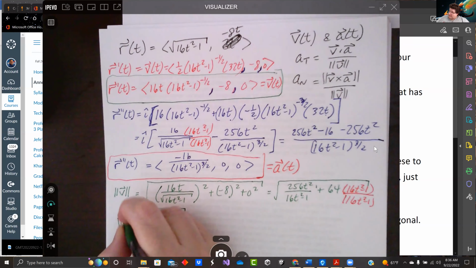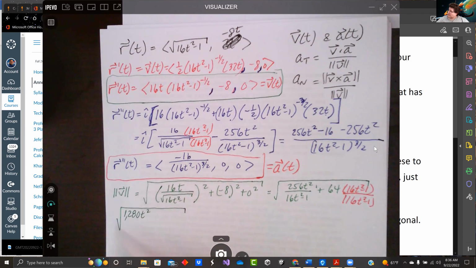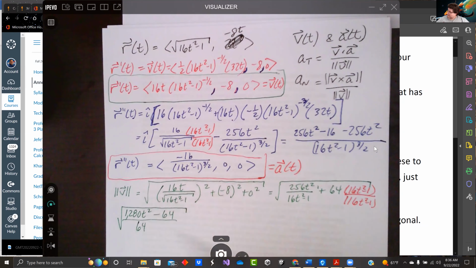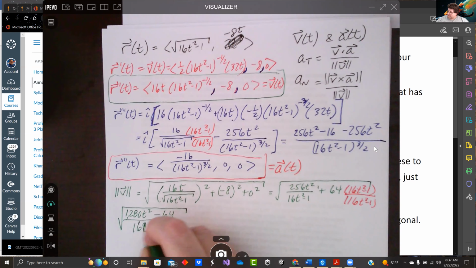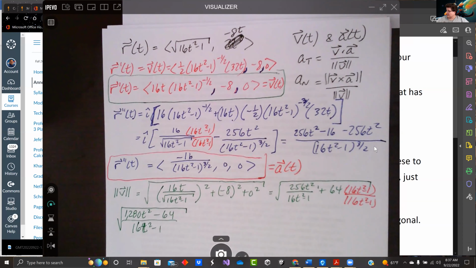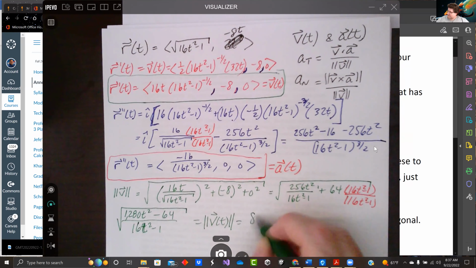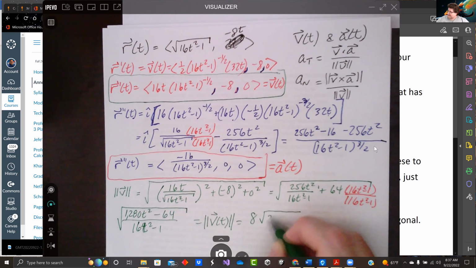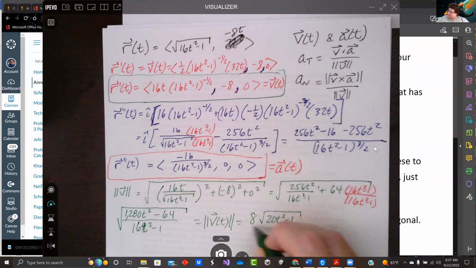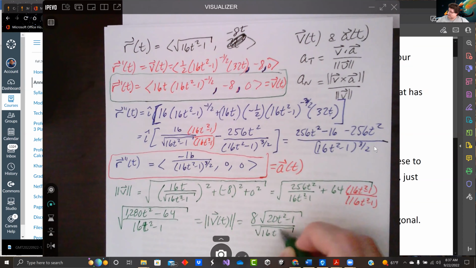It's 1280t squared minus 64 over 64 or 16t squared minus 1. 1280 is evenly divisible by 64. So I can factor out a 64 out of the top half and take out the square root of 64. We get the magnitude of v of t equals 8 root 20t squared minus 1 over the square root of 16t squared minus 1. It's not pretty, but it's the answer.